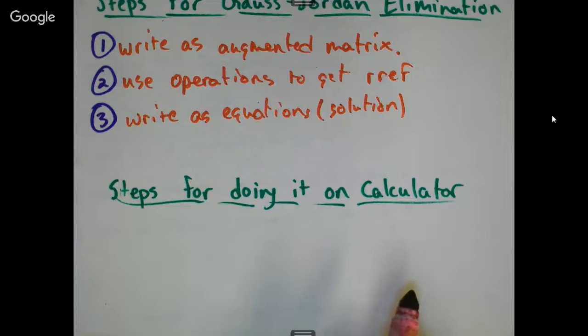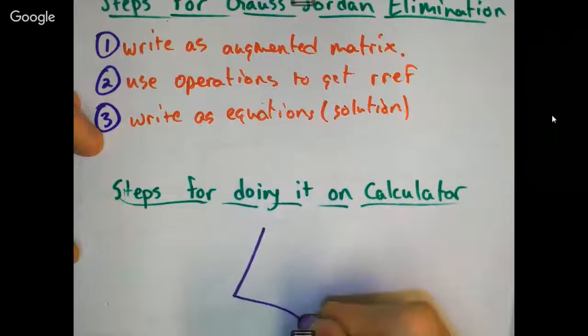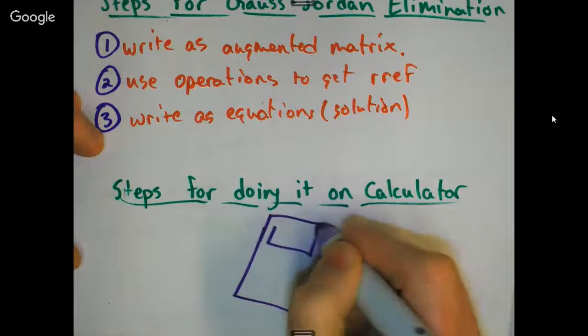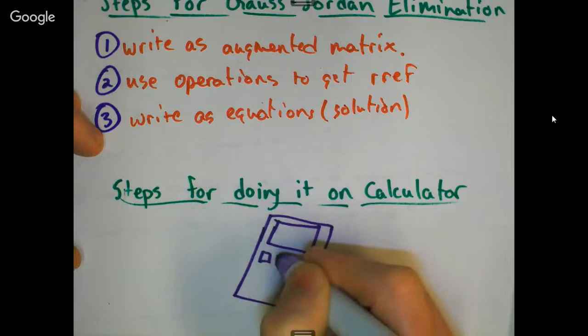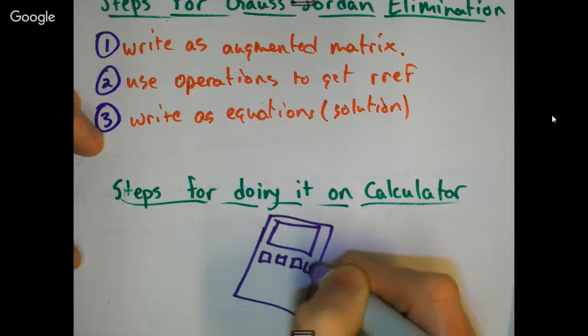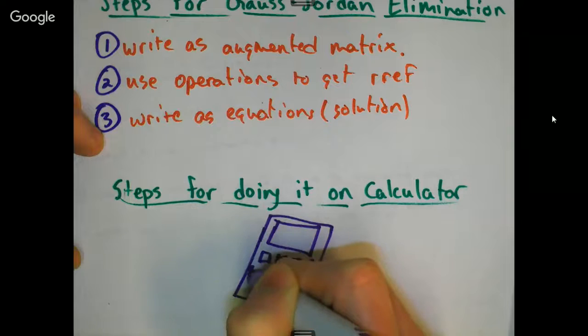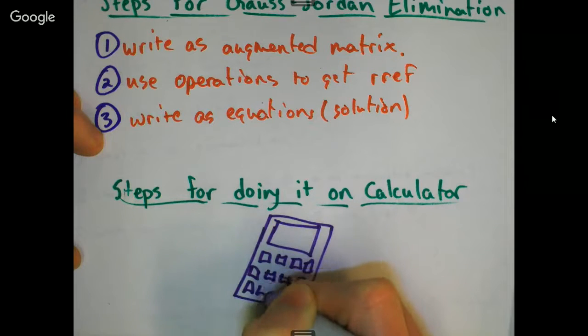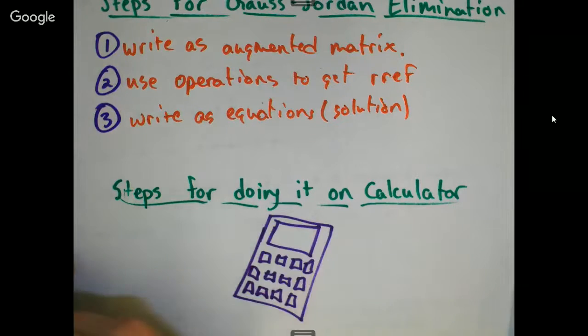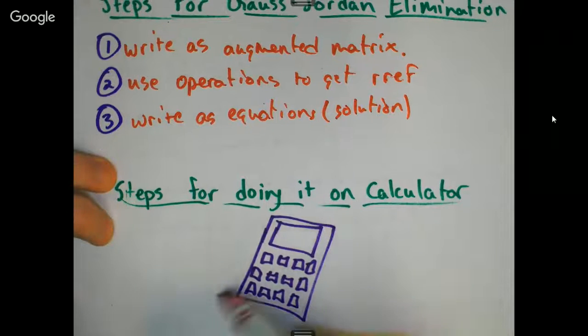So steps for doing it on the calculator. Well, we've got our calculator here. We've got some buttons. And because this is brand new, you can do it on the calculator, but we are not there yet.